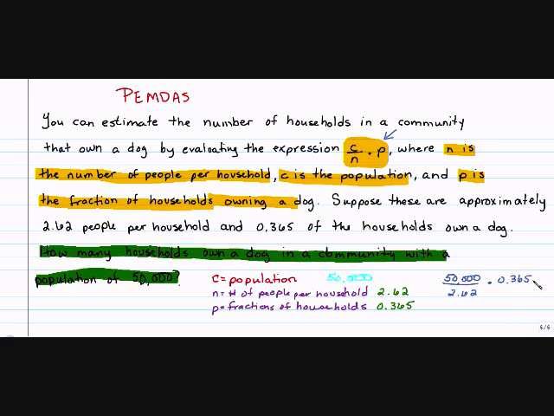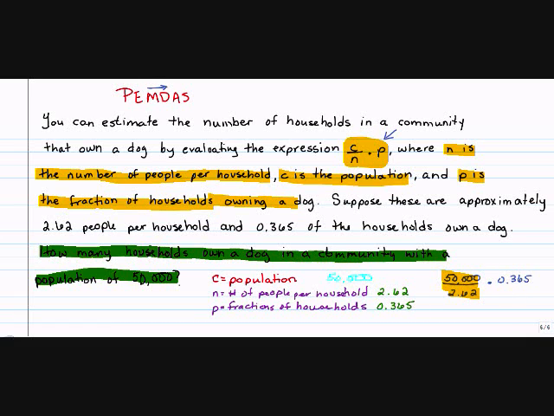Now this is where order of operations comes in. Even though it says M and then D, or multiplication then division, you have to solve moving left to right. So that means I'm going to solve this division first and then multiply.